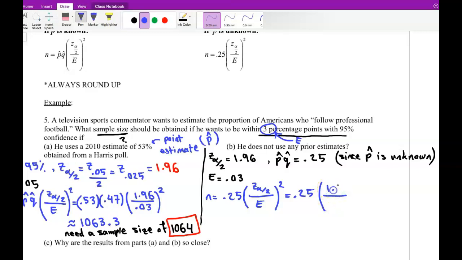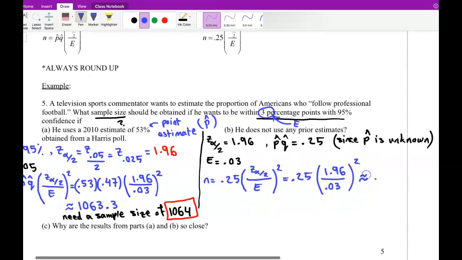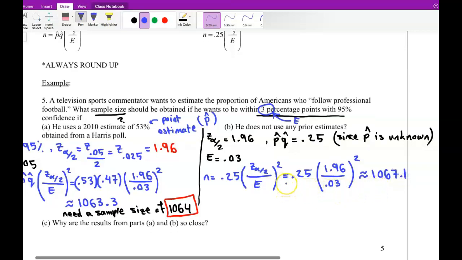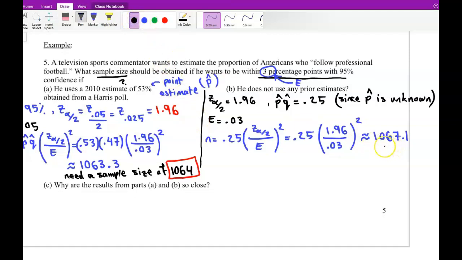On top we have 1.96 divided by error, which is 3%. Rounding it, the answer is 1067.1. Well, that means our sample size here is 1068.